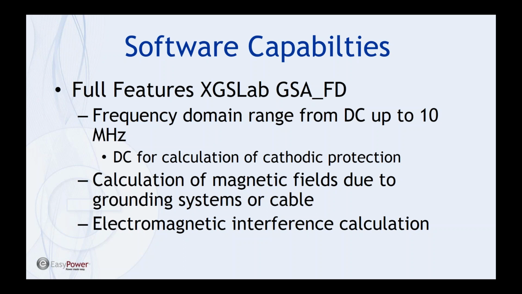You can use it for calculation of magnetic fields caused by your grounding systems or cable. And then finally, you can use it for electromagnetic interference calculations, maybe caused by your facilities or others.